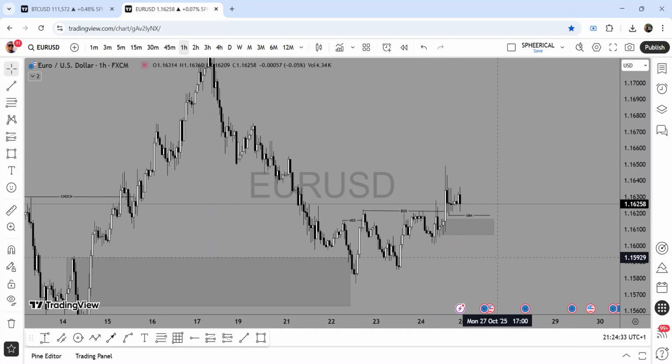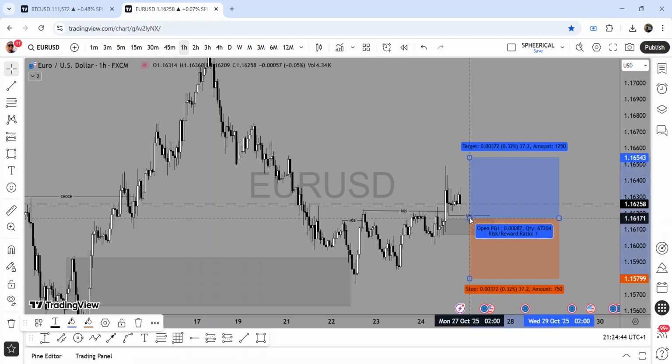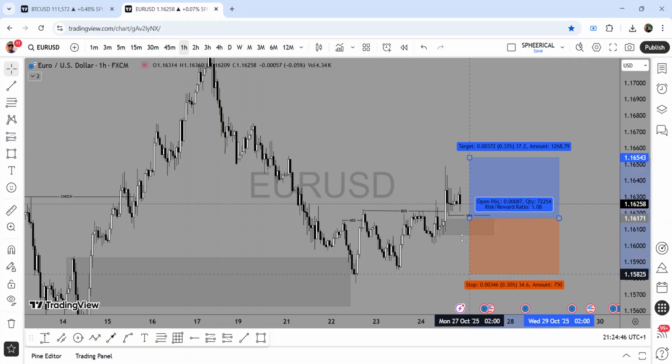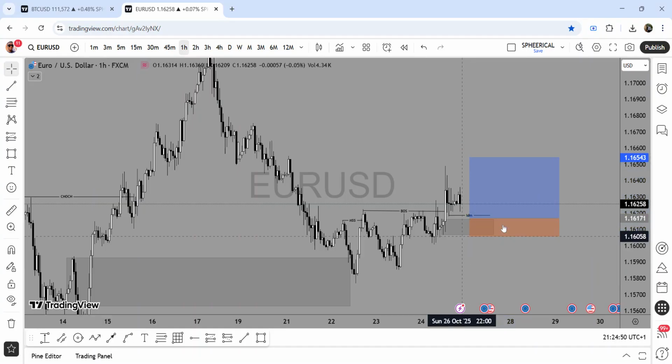So I'm hoping by Monday, if the market opens, we'll be buying from here because it's a nice point of interest. All the qualities of a point of interest have been met here.